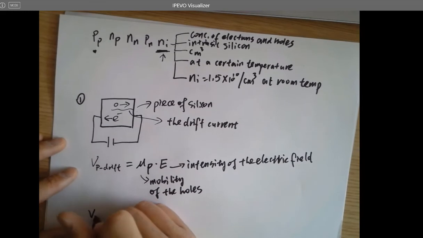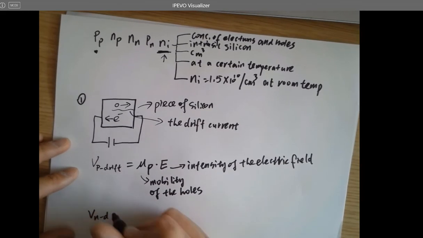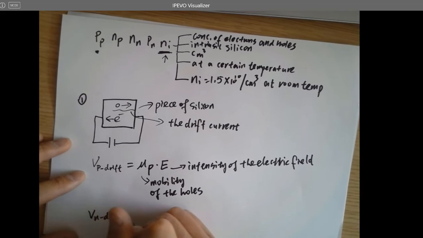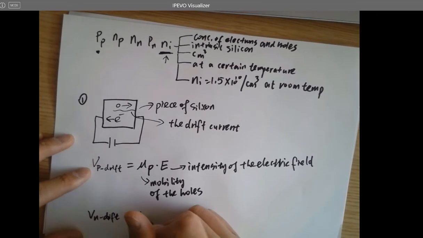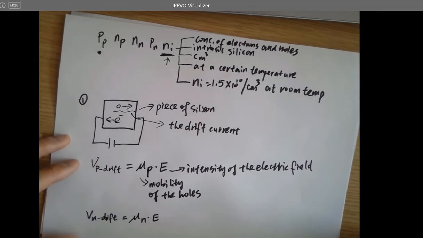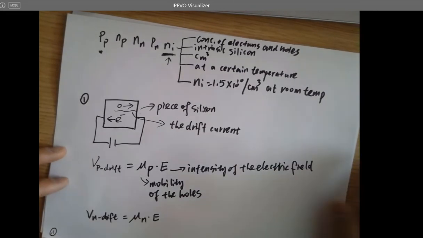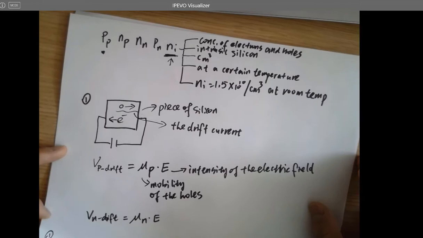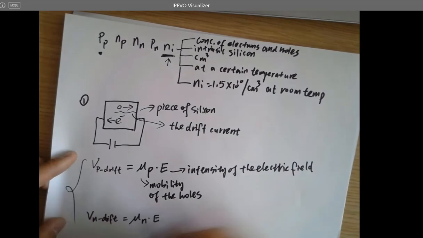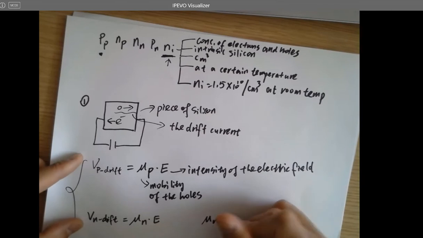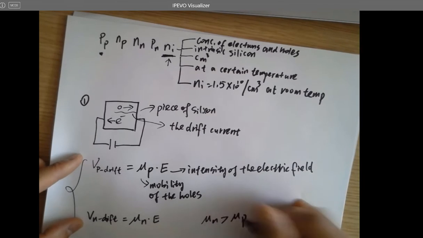Similarly, the drifting electrons' velocity is mu n times E. And next, you should understand that mu n is larger than mu p.